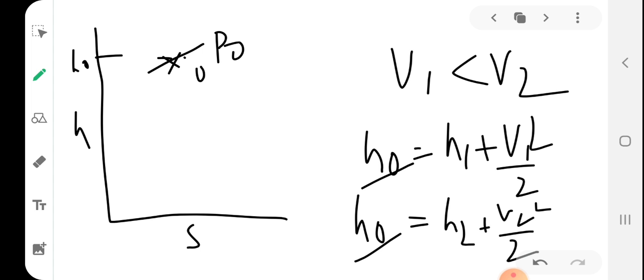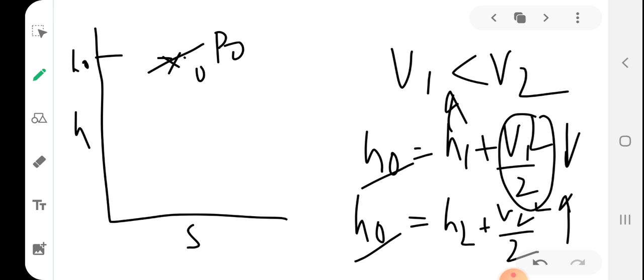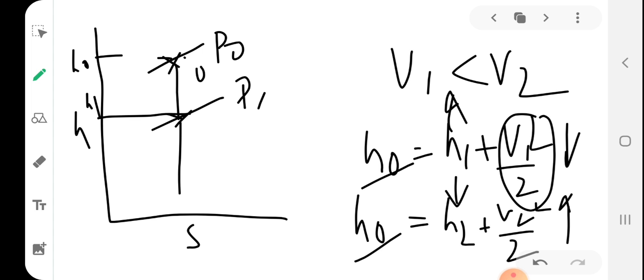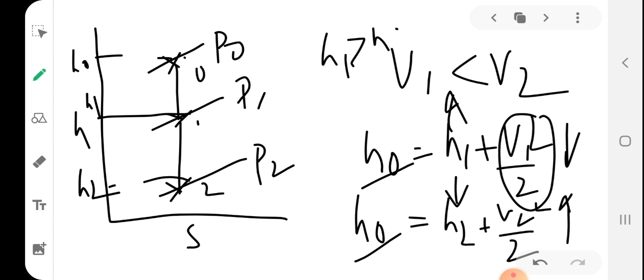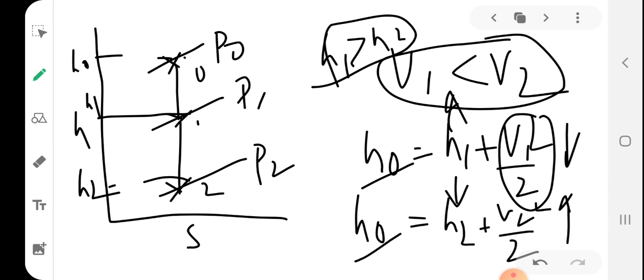So if V1 is lower, H1 is higher. If V2 is higher, H2 is lower, right? So here H1 will be closer to H0 than H2. So here H1 you can mark, here P1, and this is 1 and this is 2, P2, H2. So H1 will be greater than H2. If V1 is less than V2, H1 will be greater than H2.